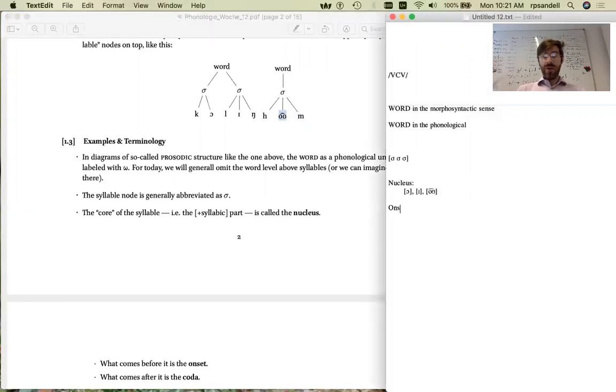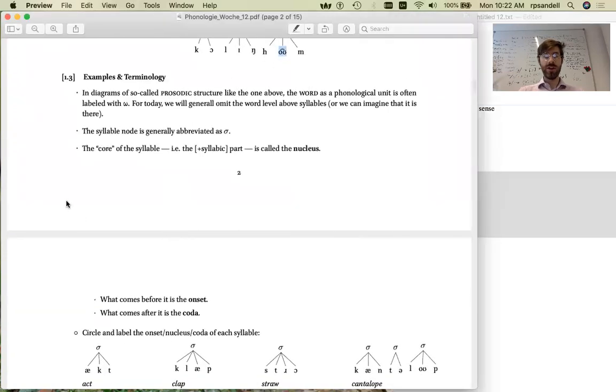And then the onsets, we notice that each of these syllables has an onset. There's a ka, a la, and a ha in an onset. And the codas are in the first syllable, there's no coda. Maybe I can write that as empty. And in the second syllable, there's an velar nasal, and in the third syllable, there's a labial nasal. Okay, so those are the core pieces of terminology.